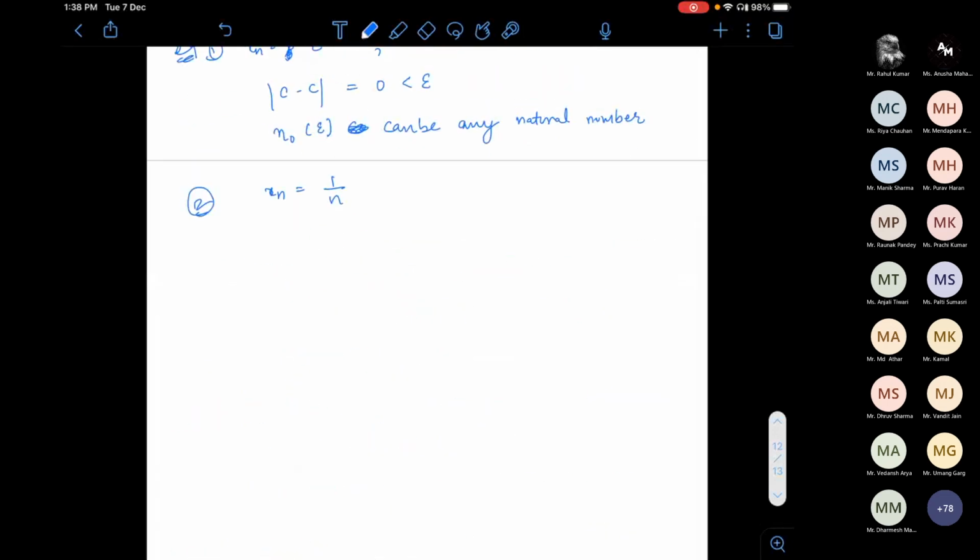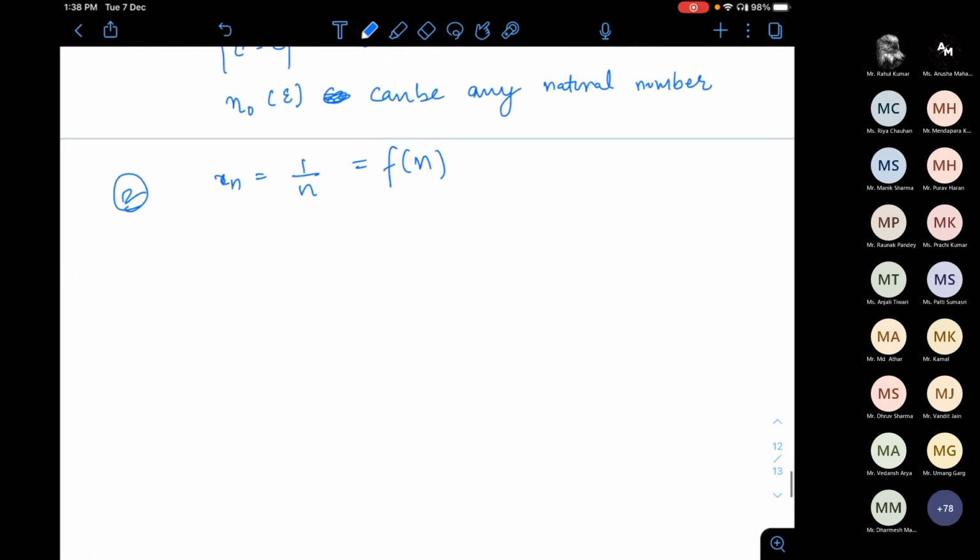Next example, I have taken the sequence to be 1 by n. Now, what will be the limit? By your intuition, 0. Zero.